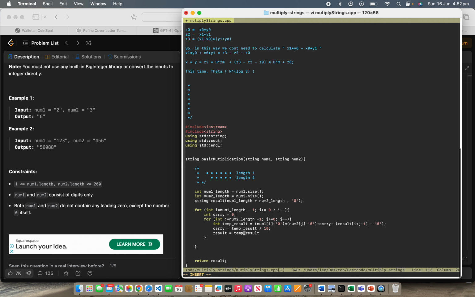Well, let's do this digit by digit. So result at i plus z plus 1 is equal to temp.